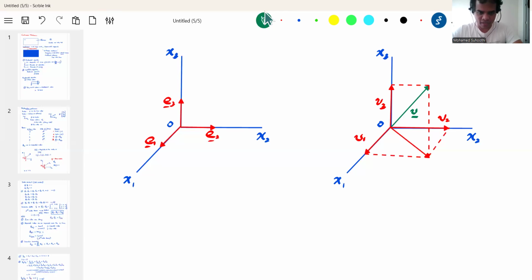Now this vector v, how can you represent vector v? We can represent it in terms of these vectors. v1 is the magnitude. We also need the direction. Direction is e1. Then magnitude and direction. Similarly, plus v2 e2, plus. It is a resultant.